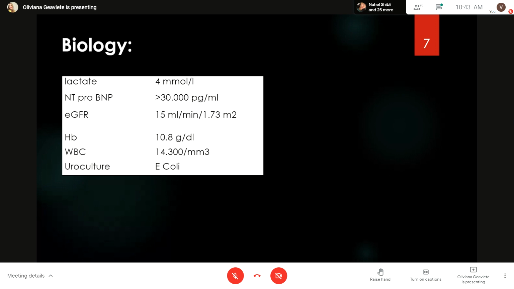What is this? So let's remember for acute heart failure the 2 minutes bedside assessment. Can you integrate this patient into a profile?